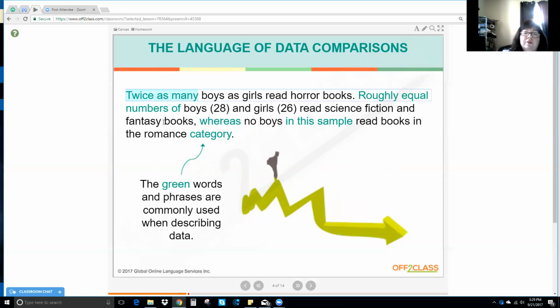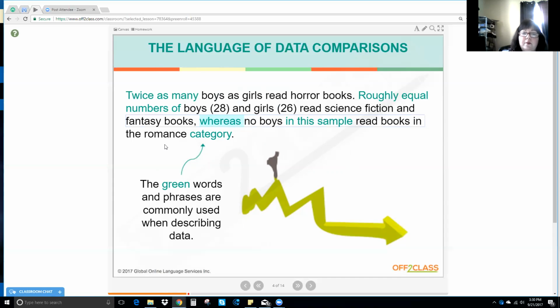Okay, roughly equal number of boys, 28, and girls, 26, read science fiction and fantasy books, whereas no boys in this sample read books in the romance category. Whereas is a comparison word. You might say however, or in contrast, in comparison. Lots of different things you can say.